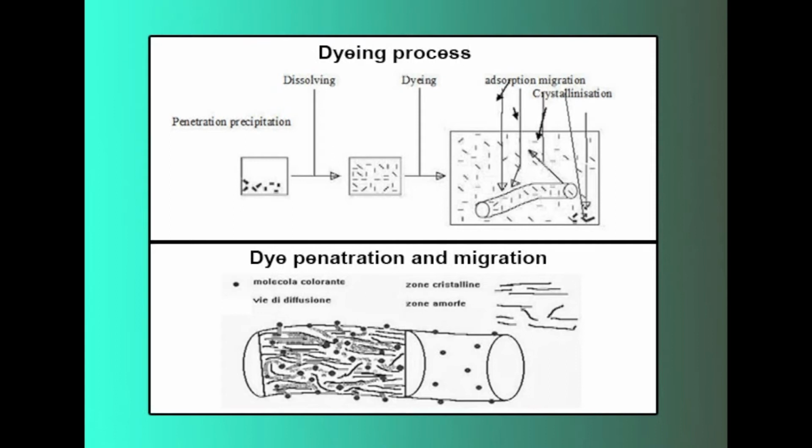Finally, fixation of the dye within the fiber is possible with a covalent or hydrogen bonding or other forces of attraction between the dye molecule and the fiber polymer. So, this is the principle behind the coloration of the fabrics and the fastness of the dyes on the fabrics.